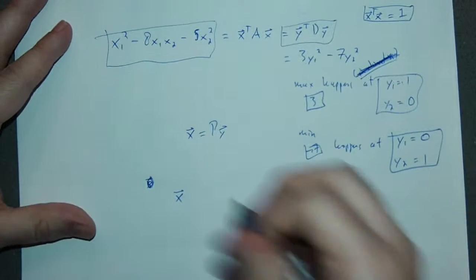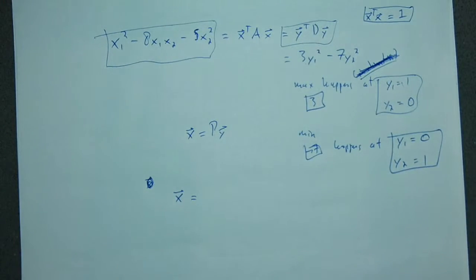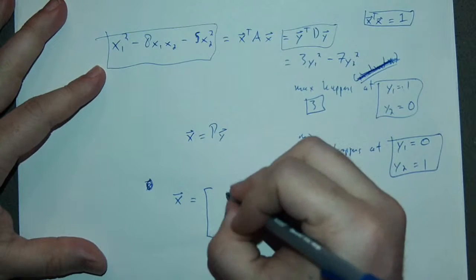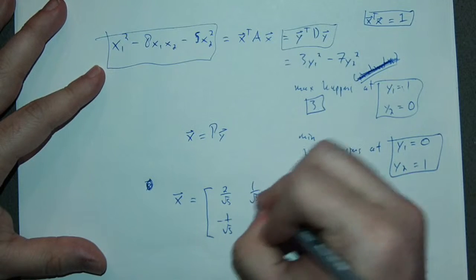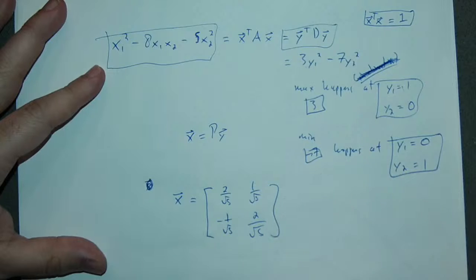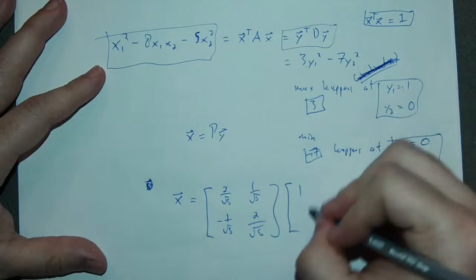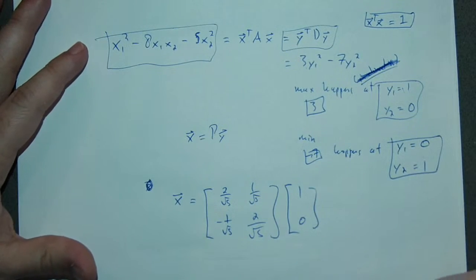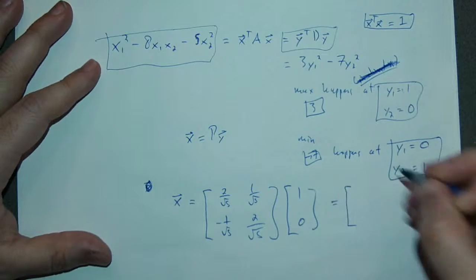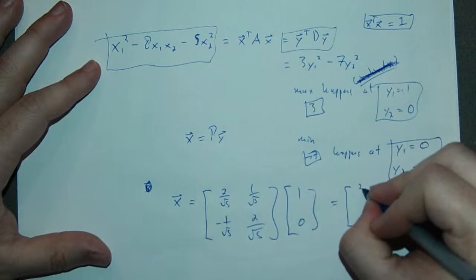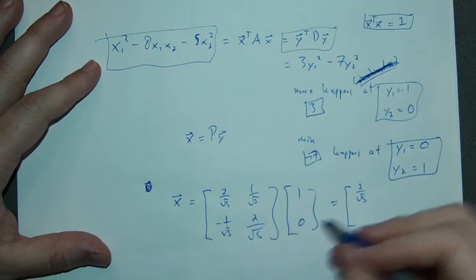To compute this, x is P, which is 2 over root 5, minus 1 over root 5, 1 over root 5, 2 over root 5, times y here, which is 1, 0. So this would be 2 over root 5, minus 1 over root 5.